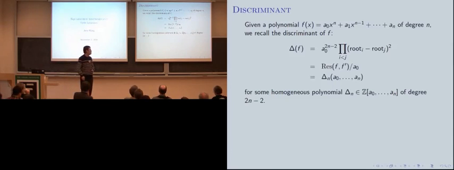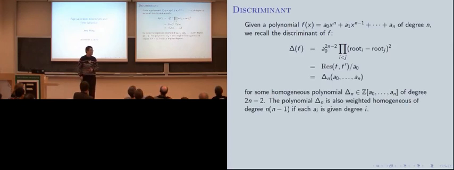So in the end, you will get a polynomial in the coefficients of f with integer coefficients. It's homogeneous of degree 2n minus 2. It's also irreducible. Sometimes it's more convenient to think of the discriminant as being weighted homogeneous. If you give each a_i degree i, then it's weighted homogeneous of degree n times n minus 1. So that's like giving each root degree 1 and then giving a_0 degree 0.